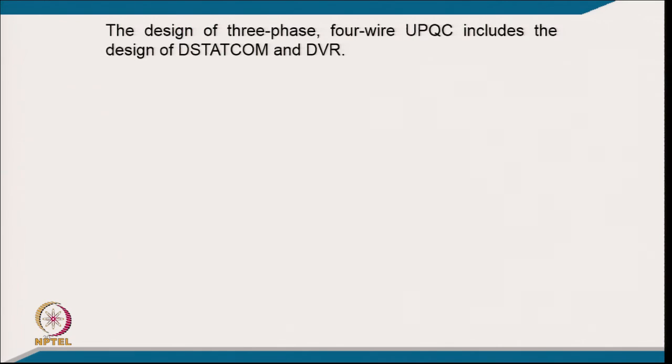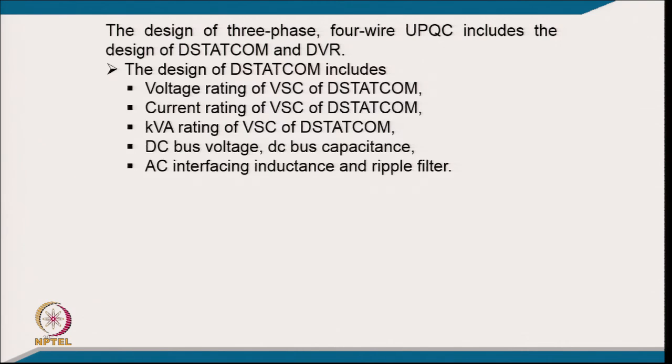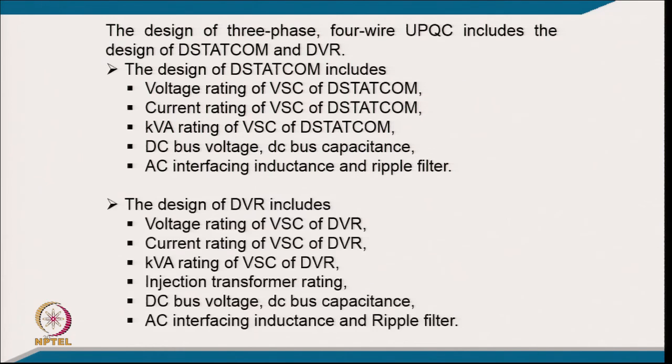So, the design of a 3 phase 4 wire UPQC includes the design of the D STATCOM and DVR. The D STATCOM design includes the voltage rating of the voltage source converter, current rating, kVA rating, DC bus capacitor calculation, AC interface inductance and ripple filter calculation.